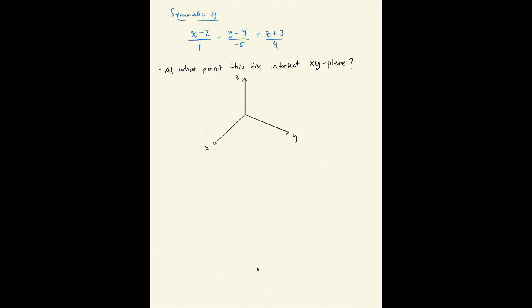If you're asking xz plane, it will be here, right? So xy plane will be z equals 0. The xz plane is y equals 0, right? And the yz plane is x equals 0.